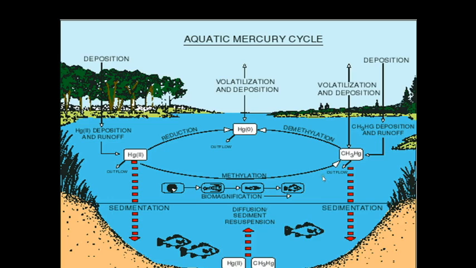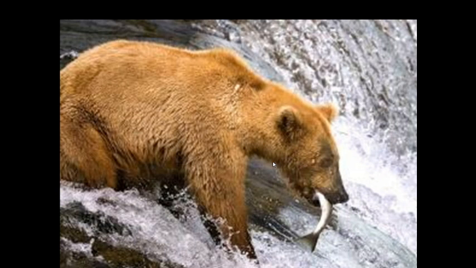Mercury can also come out of the water into the air by a process known as volatilization. And because it's in the fish, it ends up in the bear.